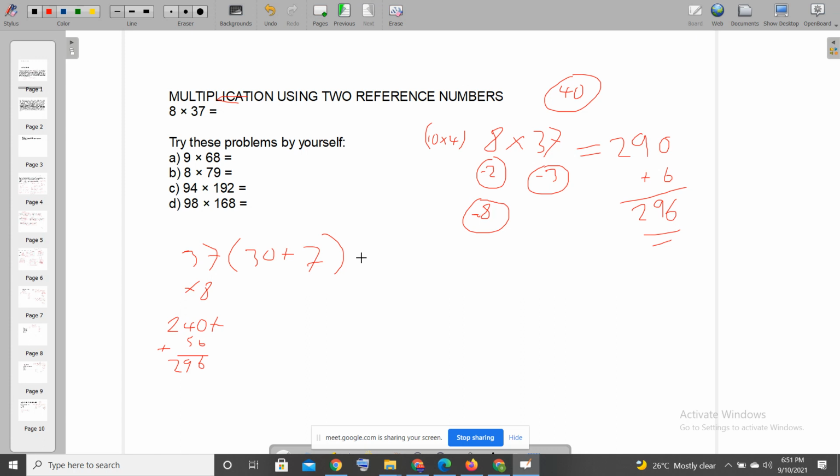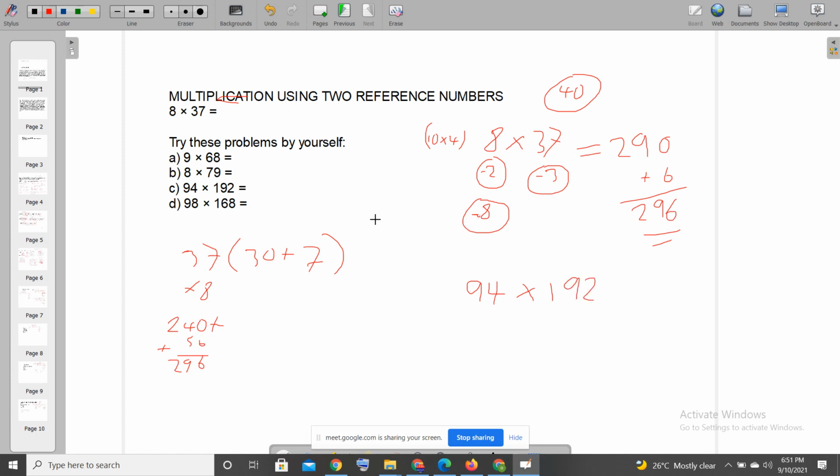Okay, so I'm picking this one, the C, so that we get something 100 and work with it. So I have 94 times 192.